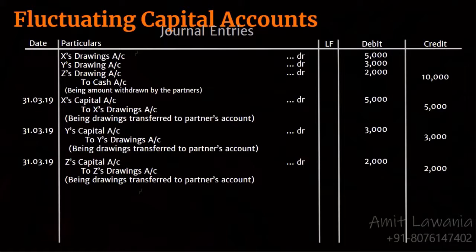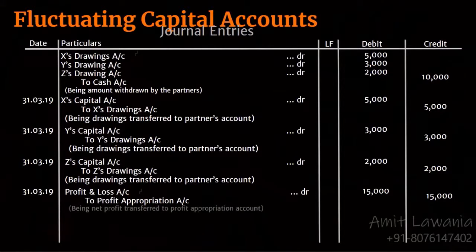Now we head to the appropriation of profit by first transferring the profit from profit and loss account to the profit appropriation account, and the amount is given in the question as 15,000 rupees. Do not forget the narration.